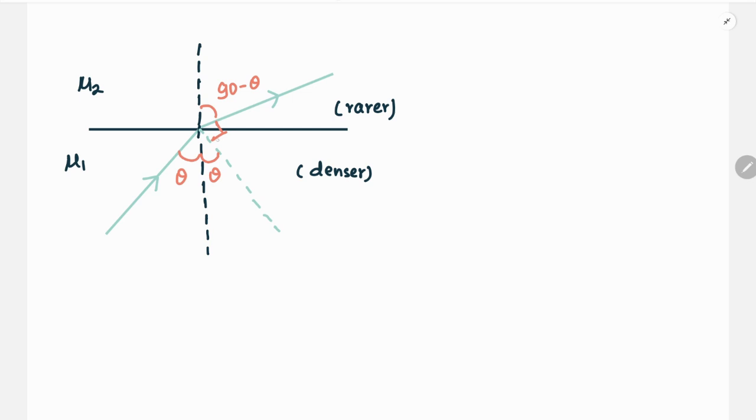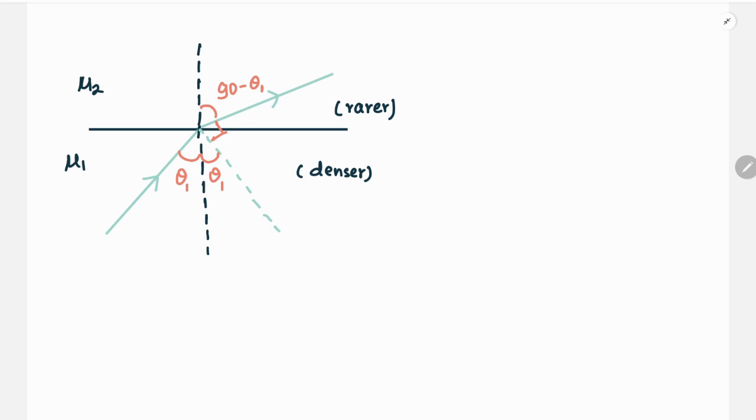If they are perpendicular to each other and it is attained at an angle theta 1, then for this angle theta 1 this is the reflected ray, and the angle of incidence and angle of reflection are the same. This angle is 90 degrees, so this will be 90 minus theta 1.